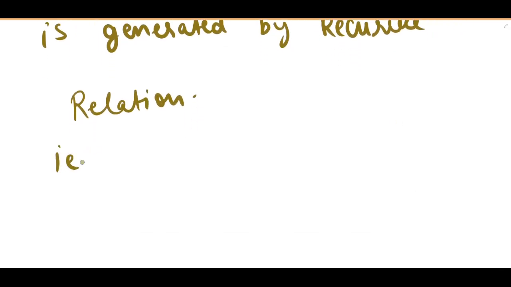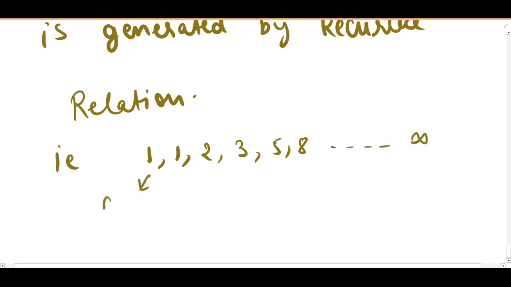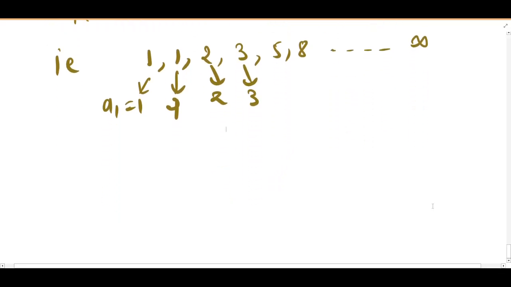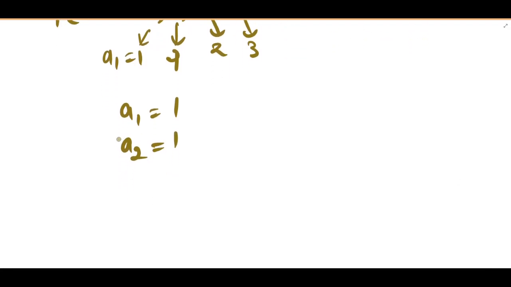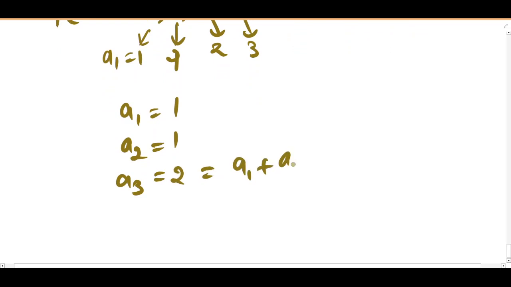For example, 1, 1, 2, 3, 5, 8, and so on, infinite. So we have a1 is 1, a2 is 1, a3 is 2, and a4 is 3. So we can find a pattern. a1 is 1, a2 is 1. So a3, which is equal to 2, is equal to a1 plus a2.